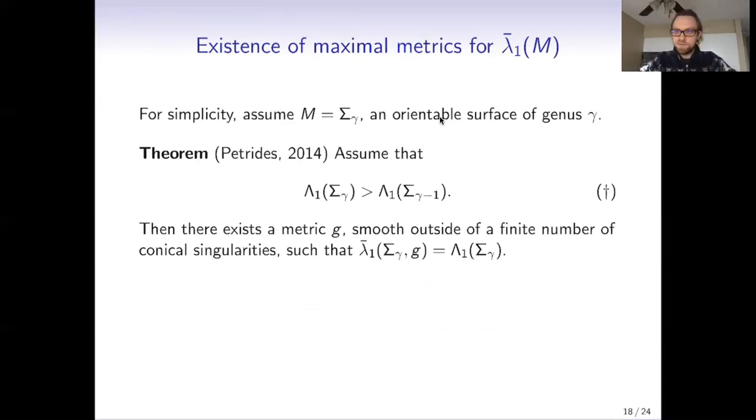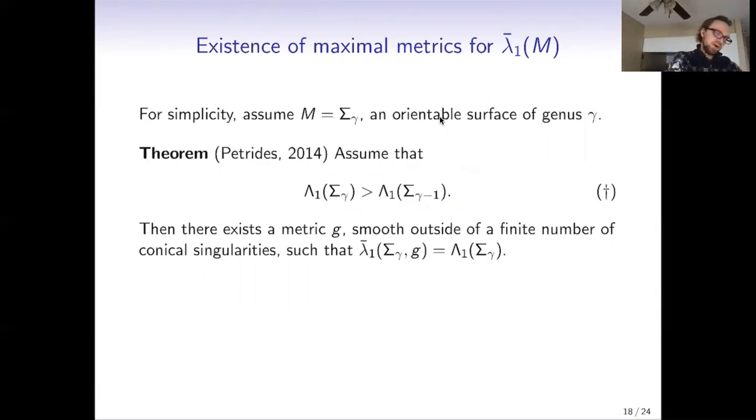He's actually speaking about something related, and I'll comment at the end on how his talks relate to what I'm talking about. He showed the following. Assume that you have this condition, that the maximal first eigenvalue on genus gamma is strictly bigger than the maximal possible first eigenvalue on genus gamma minus 1.